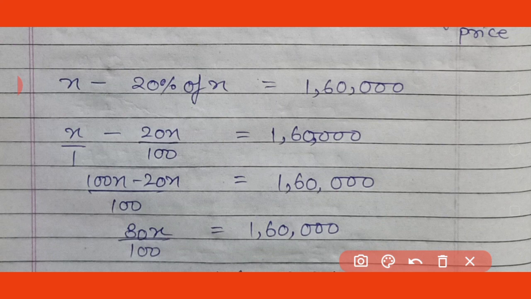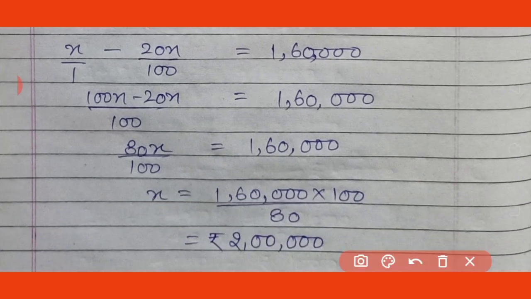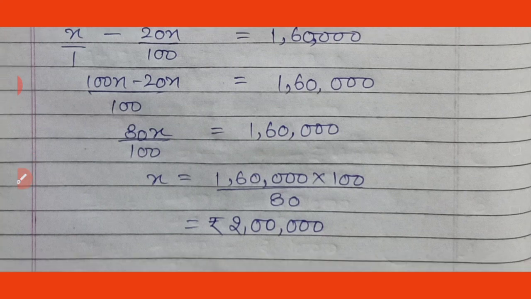Fractionally whenever we add, it became 100x minus 20x upon 100 is equal to 1,60,000. So it became 80 upon 100 x is equal to 1,60,000. So we will do a cross multiplication. So 1,60,000 will multiply with 100 and it will divide by 80. After the multiplication and division, we get the answer: 2 lakh rupees. The value of the machine before 1 year was 2 lakh rupees.